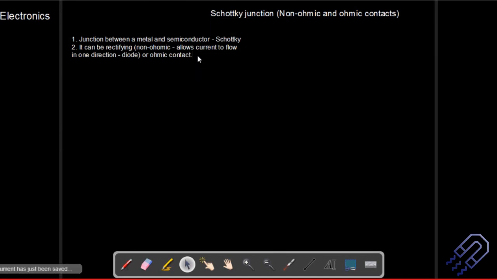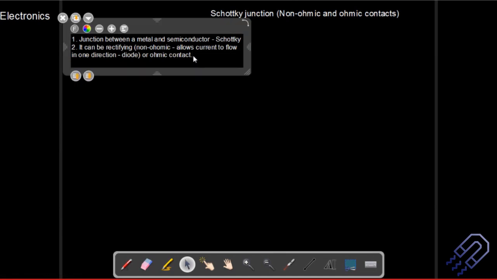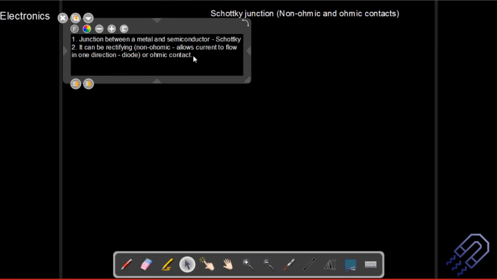And one more point that I'd like to include here is three: contact electrodes to a semiconductor device. If you consider a Schottky junction and you want to extract some kind of signal from a semiconductor device, you must have a contact electrode.